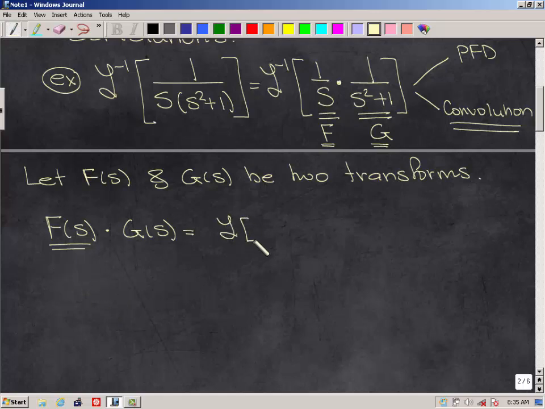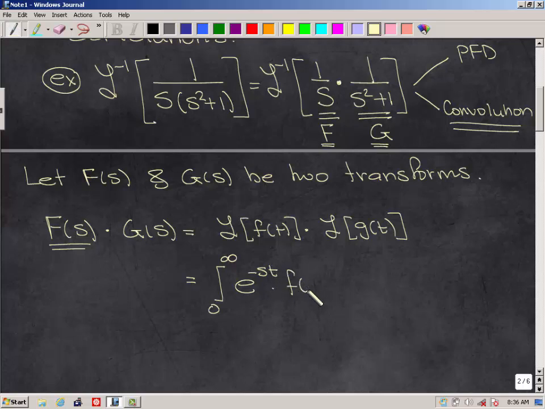So we get the Laplace of little f of t, and big G of s is the Laplace of little g of t. We have formulas for both of these, so we're going to write it as the integral from 0 to infinity of e to the minus st f of t dt, times the integral from 0 to infinity of e to the minus st g of t dt.